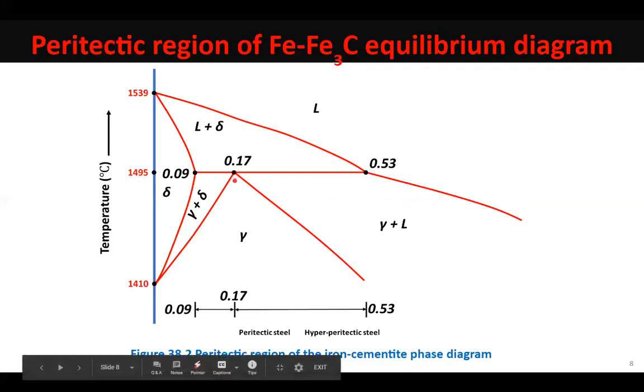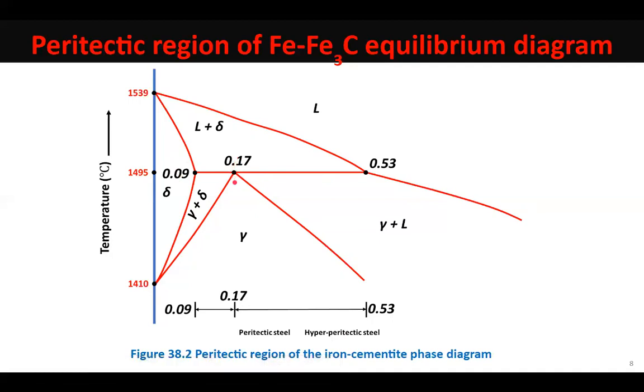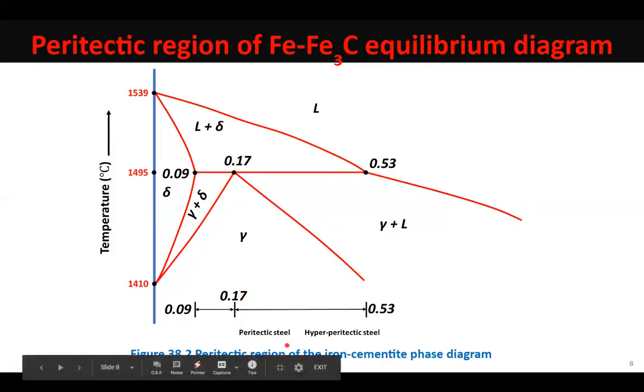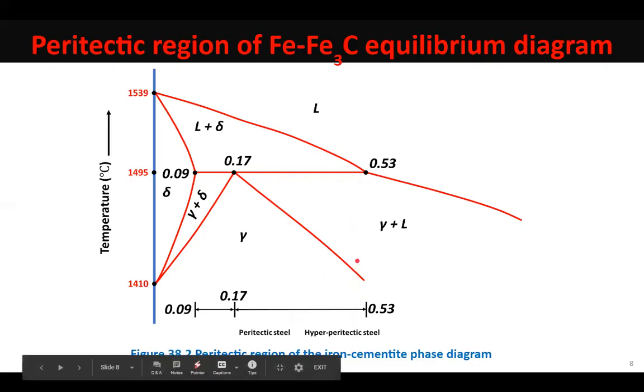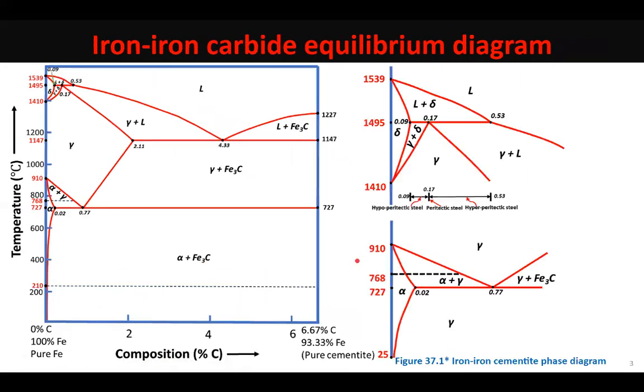So this steel, because it undergoes the peritectic reaction completely, and please don't misinterpret the term completely, this iron carbon alloy, this steel, is called the peritectic steel. All steels to the right of it are called hyperperitectic steels. Okay, here it has been shown more clearly.